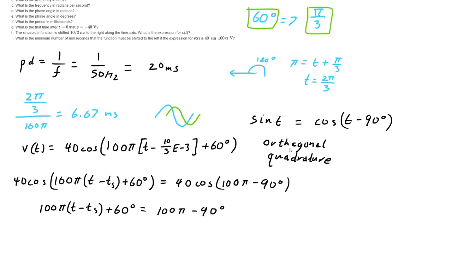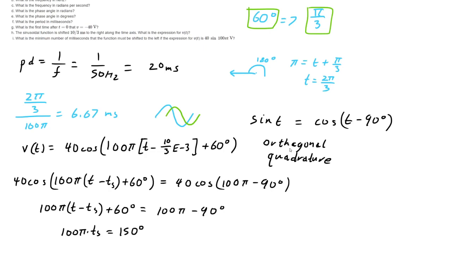So if we put everything together, just move the 60 to the other side and subtract the 100 pi t from both sides. We're going to have 100 pi times the t shift equals 150 degrees.